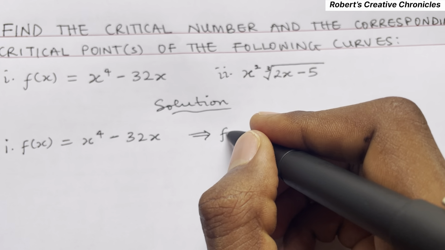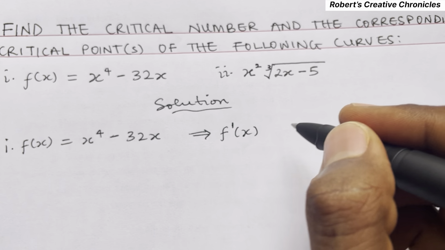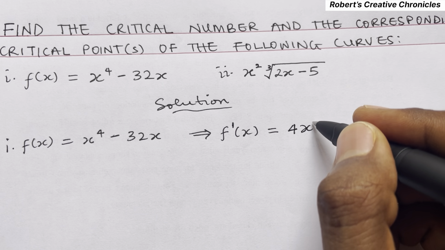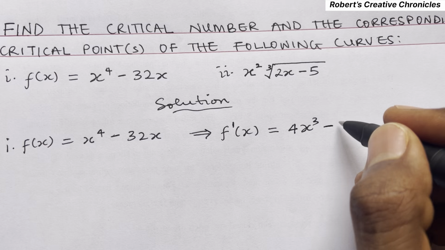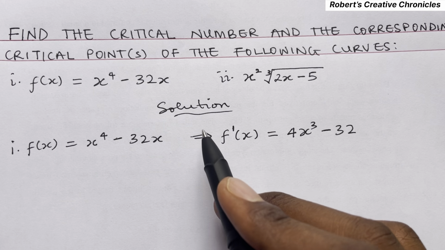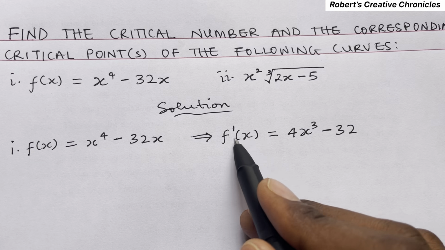The derivative is given by f prime x, which is equal to 4x cubed minus 32. Now to find the critical number, we are going to replace this x with x naught.